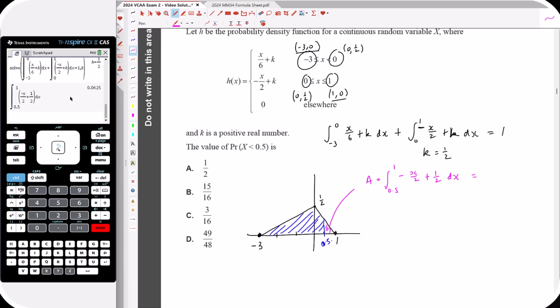I put the limit in as a decimal so it gave me a decimal; if I write 1/2 instead, it will give me an exact value. So that's 1/16, and therefore the blue area, which is what we're trying to find, is 1 minus 1/16, so that's 15/16. So B.